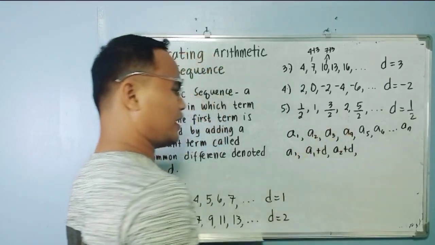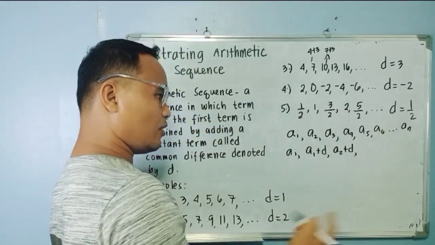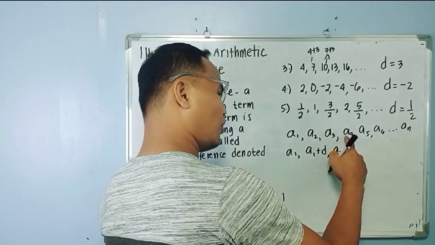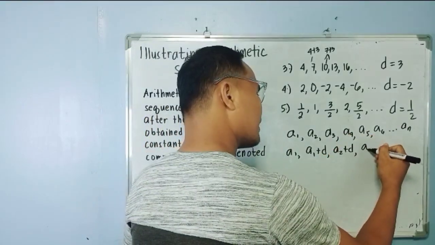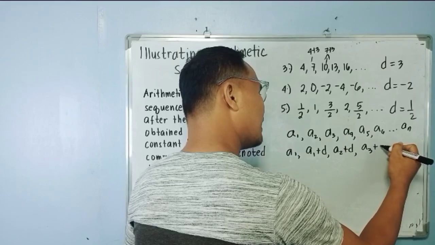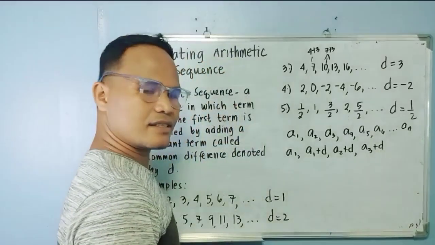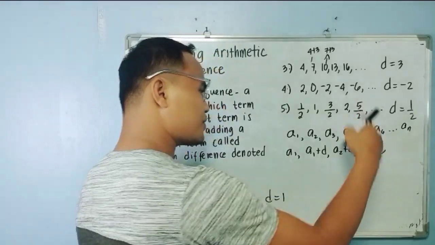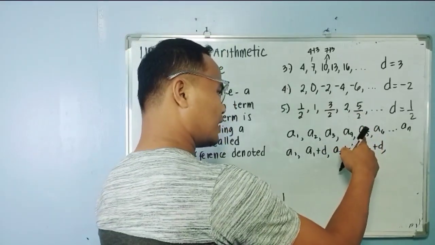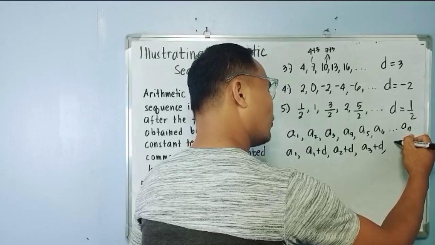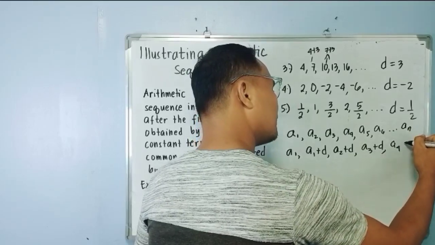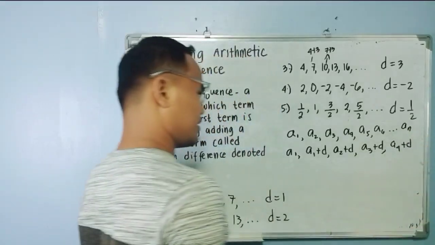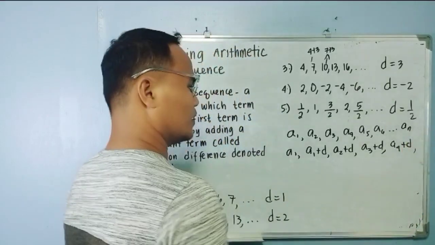And also, to get the fourth term, we add the common difference to the third term. We can also write the fifth term by adding the common difference to the fourth term, and so on.